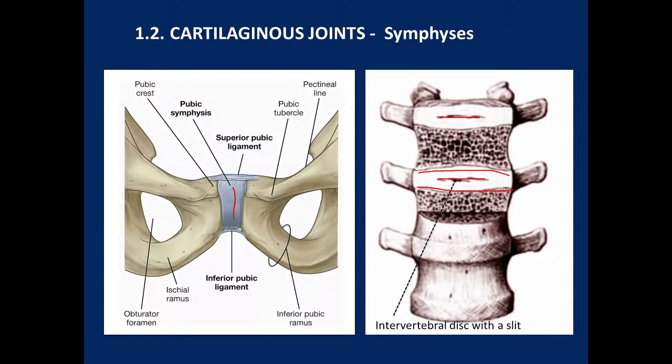All symphyses occur in the midline of the body. For example, the pubic symphysis between the anterior surfaces of the hip bones, which is slightly movable, is one example of a symphysis. This type of joint is also found at the junction of the manubrium and body of the sternum.